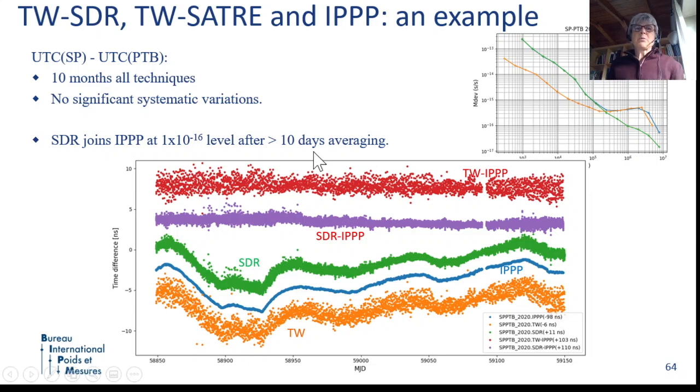Here, for example, you can see the difference between two time scales, the Swedish and the German one, measured for 10 months by the classical two-way system, by the integer PPP, and by the software-defined receiver. You see the behavior is exactly the same, and you can see the reduction of noise of the 3 different techniques.